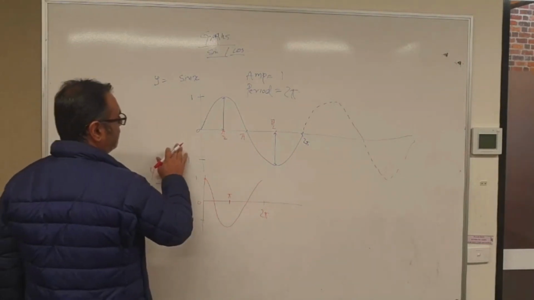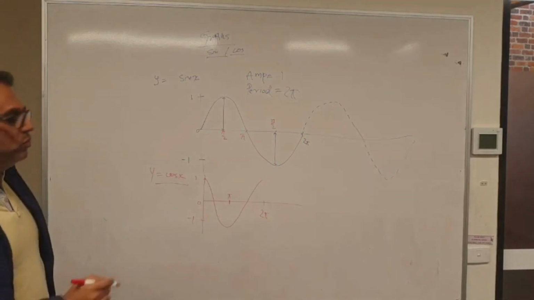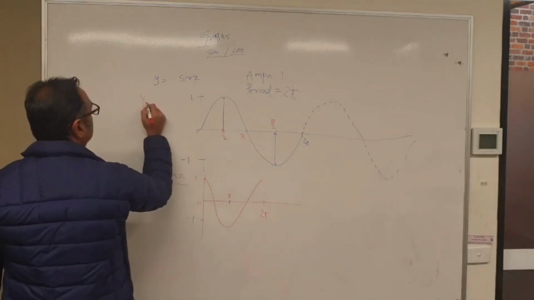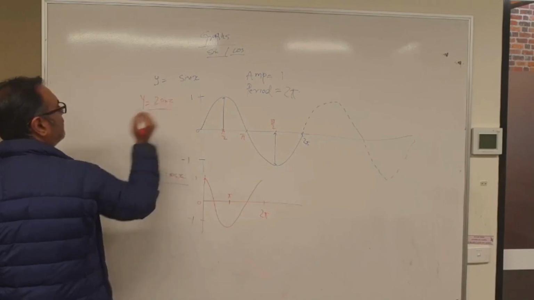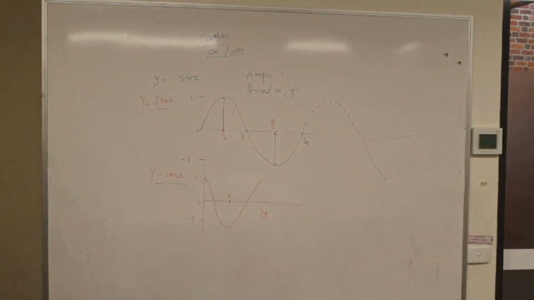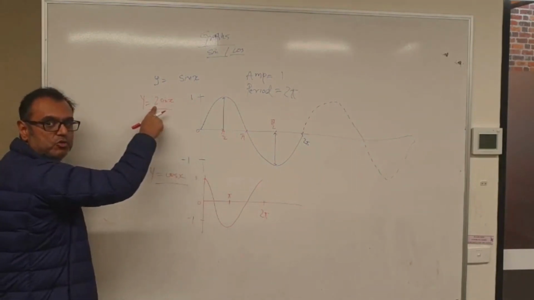Now, generally speaking, if I say y equals 2 sine x, then what I've done is I have increased the amplitude to 2.